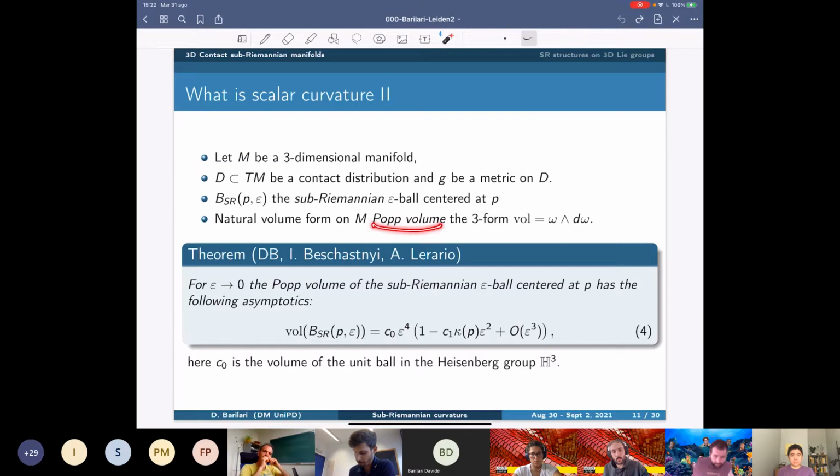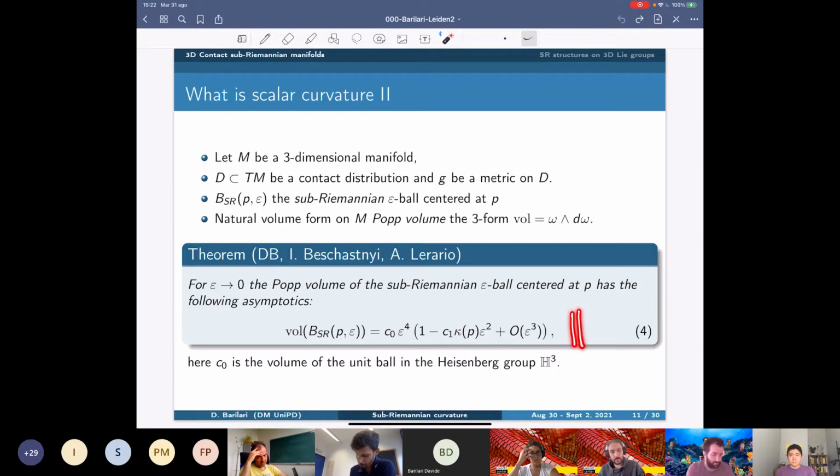I'm just using this as a name for this quantity. In more general sub-Riemannian manifolds, you can define an intrinsic volume if they are equiregular, some regularity assumption, and in this case it coincides with this. So if you measure the volume of the ball with this volume, then you can produce a formula for the volume of small balls in three-dimensional sub-Riemannian manifolds, and this is the result here.